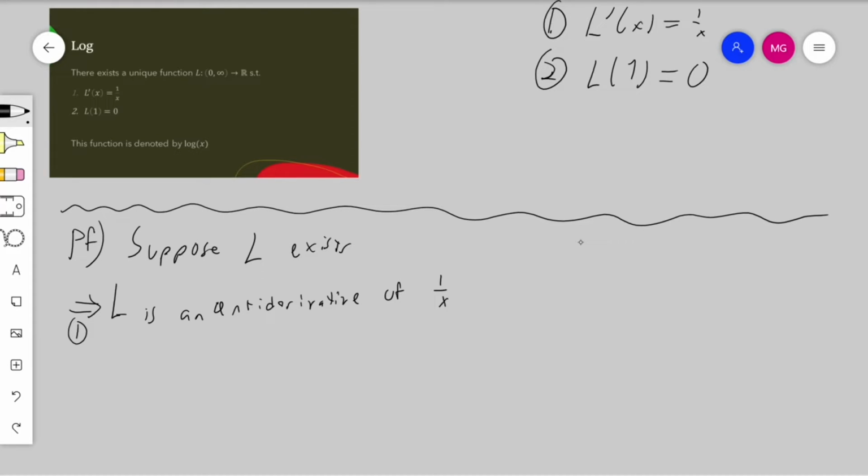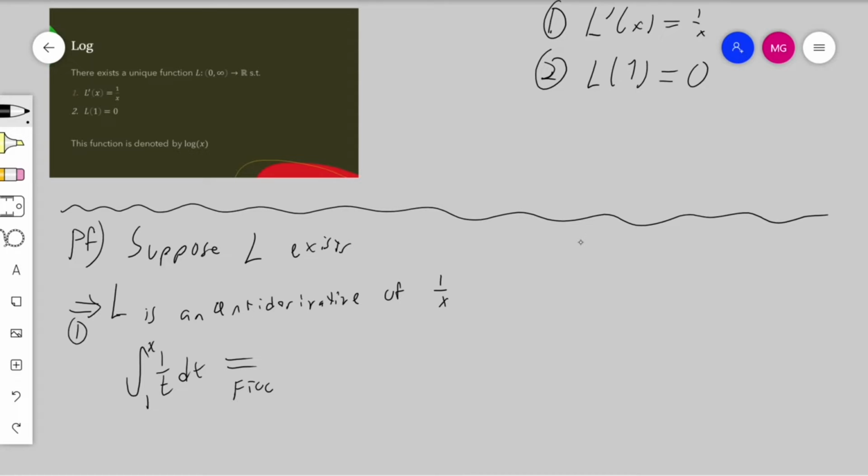Since it's an antiderivative of 1 over x, what that means is that if we take the integral of 1 over x, but instead let's call it 1 over t, using t as a dummy variable here, we integrate 1 over t dt from 1 up to x. By the fundamental theorem of calculus, we can express this as a difference of antiderivatives of 1 over t.